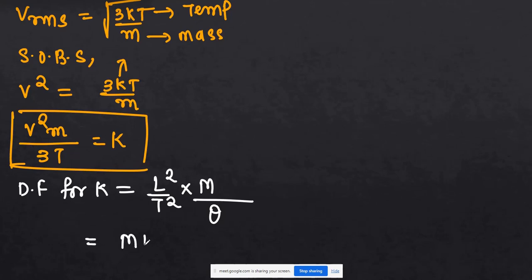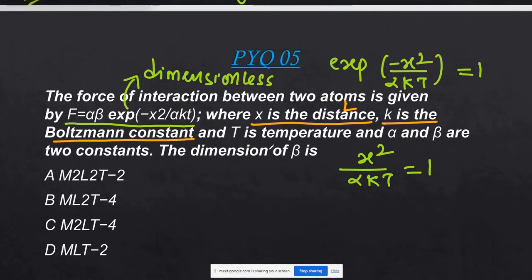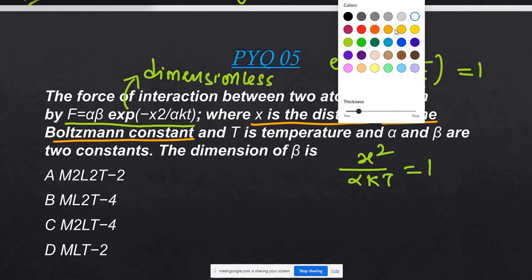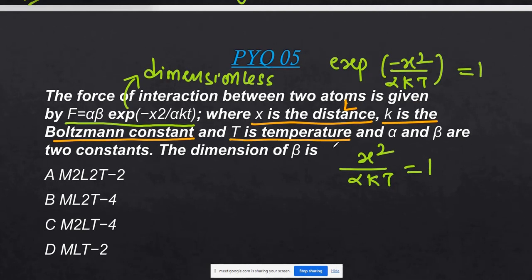Mass power 1, length power 2, time power minus 2, and theta power minus 1. Is this clear, Sahiti? Any doubt? Clear. T is a temperature, so the temperature dimensional formula is theta.